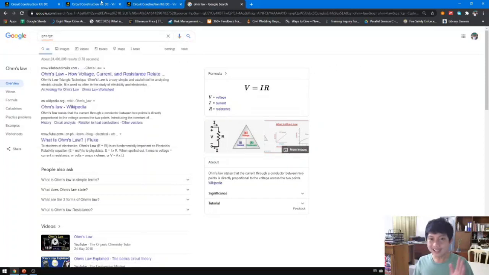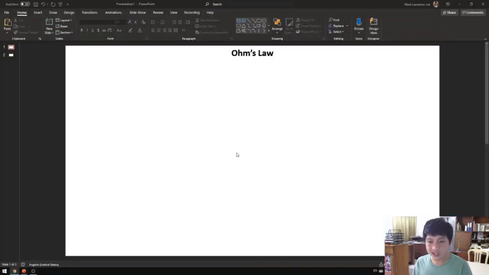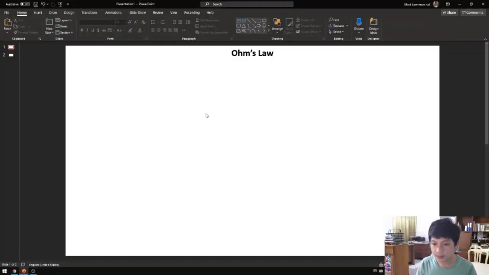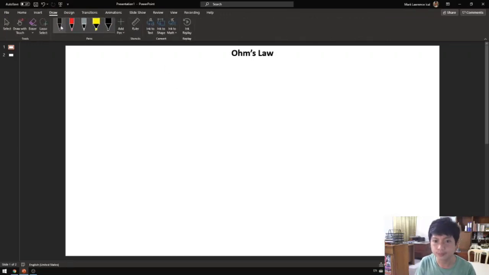So he said that the current that flows through a circuit is directly proportional to its voltage and inversely proportional to its resistance. What this really means is that current I is equal to voltage divided by R, or resistance.